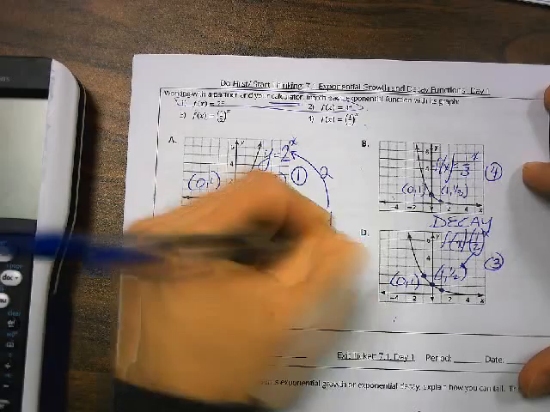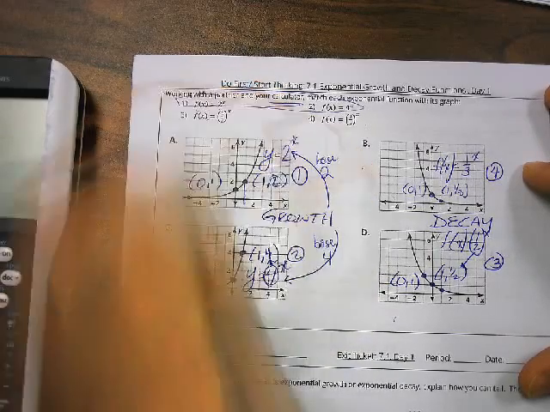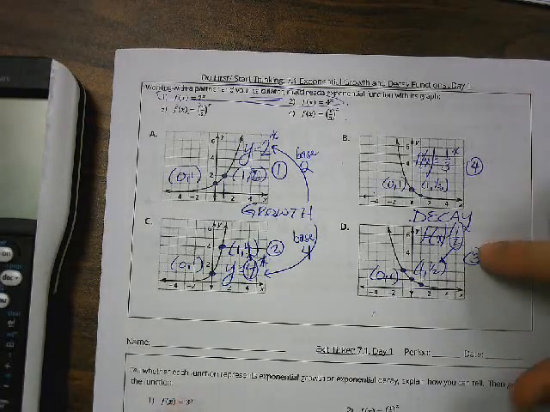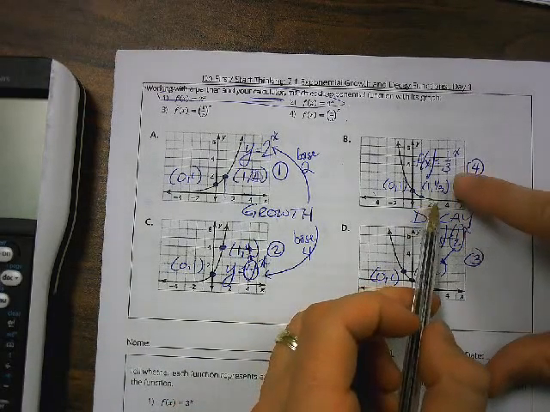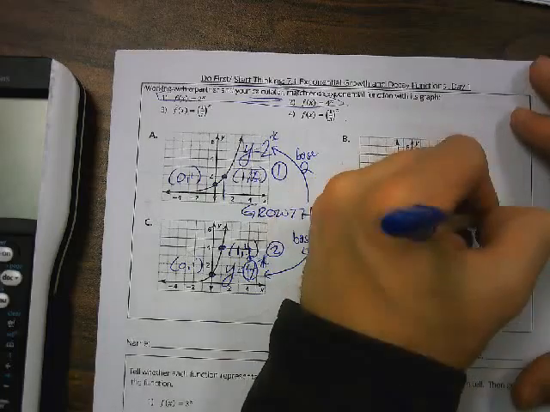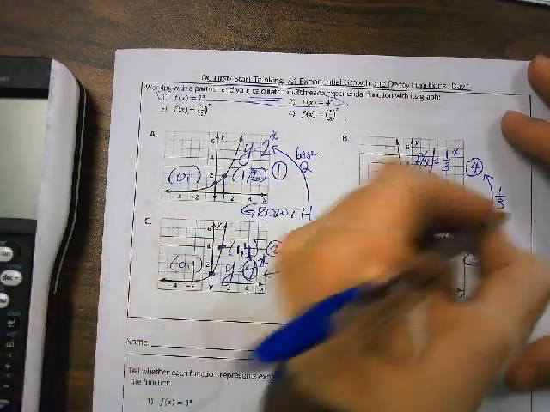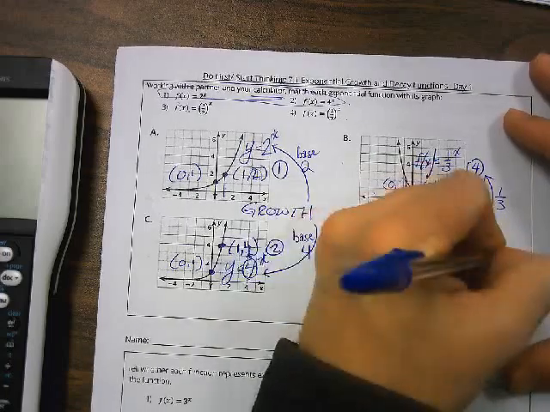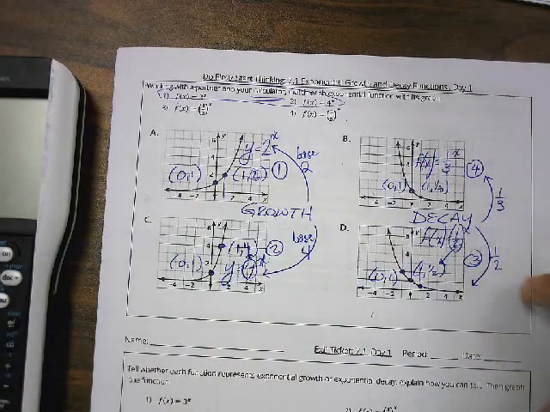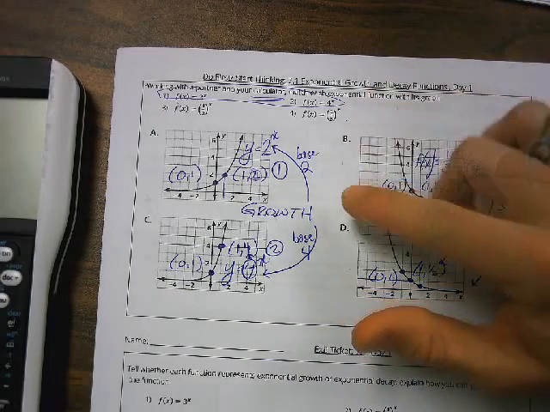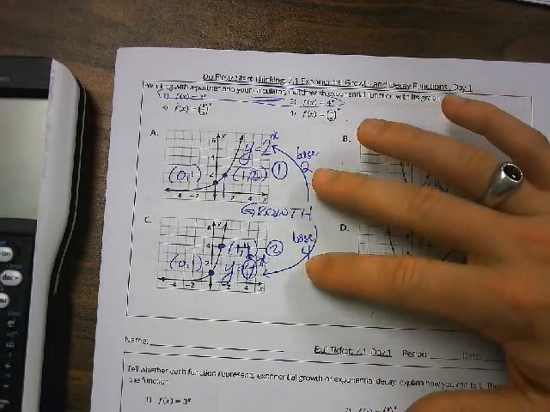On the decay side, when you look at your bases, you've got 1/3 for a base, and over here, you've got 1/2 for a base. So what can we pull out of here? Well, if it's going to be exponential growth, we're looking for a number bigger than 1. If it's going to be exponential decay, we're looking for a fraction between 0 and 1.